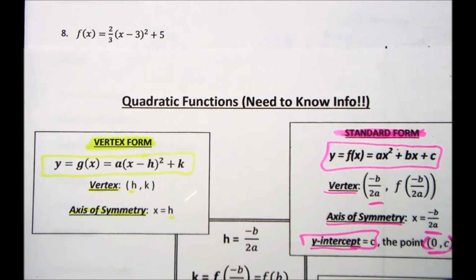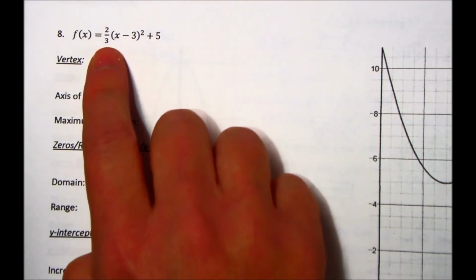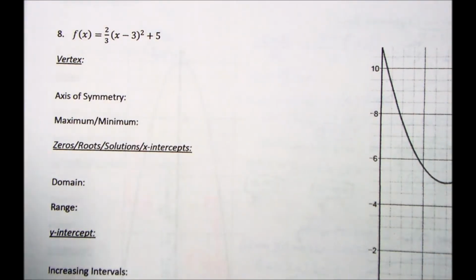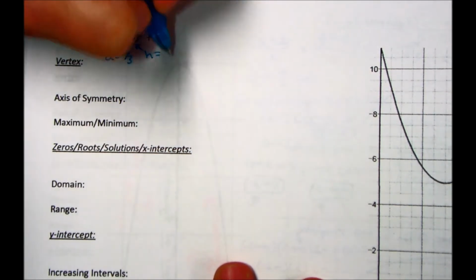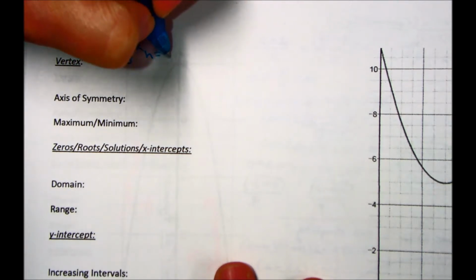Hopefully you can tell that the 2/3 is your a value. So from looking at the equation, a equals 2/3. Your h is the opposite of what's in here. So h is positive 3, and k, it stays the same, is positive 5.